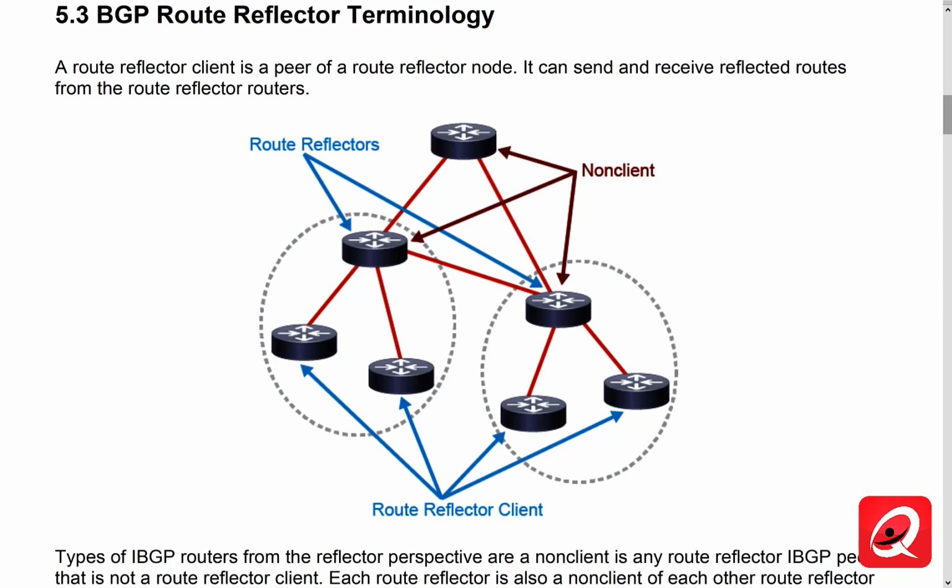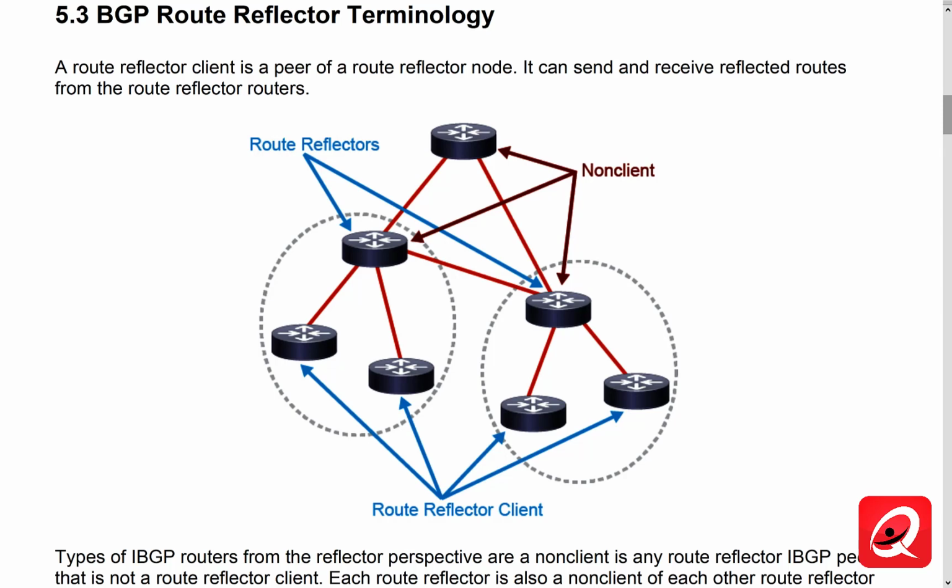Tracking hundreds of sessions in a network would just really not be feasible. So instead of establishing an iBGP peering relationship with each and every router in this internal BGP mesh, routers establish iBGP sessions with the route reflectors only. The route reflectors basically represent a central focal point for all of our iBGP sessions. We form a cluster together with the clients, other routers that are part of this internal BGP mesh.